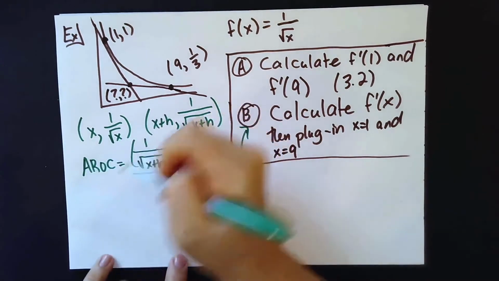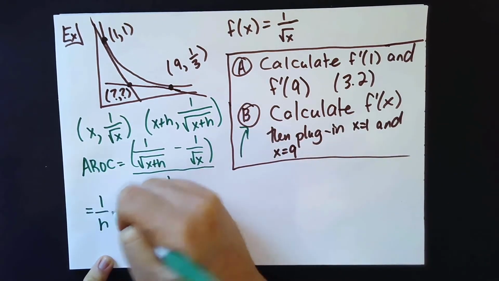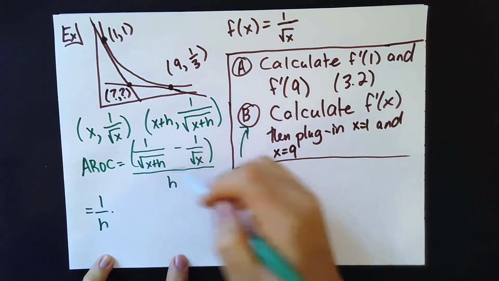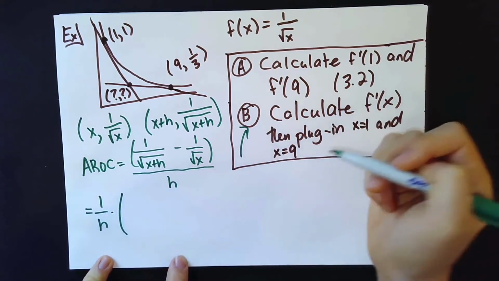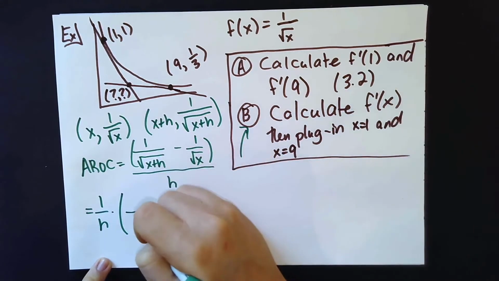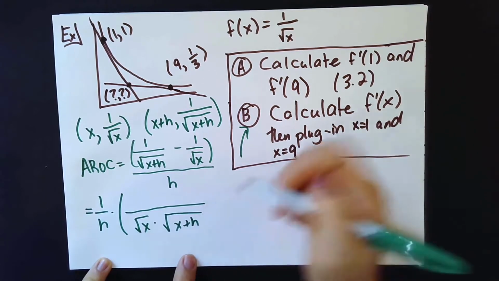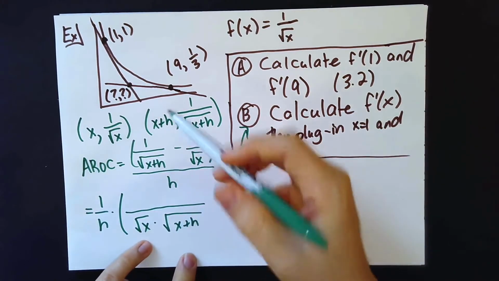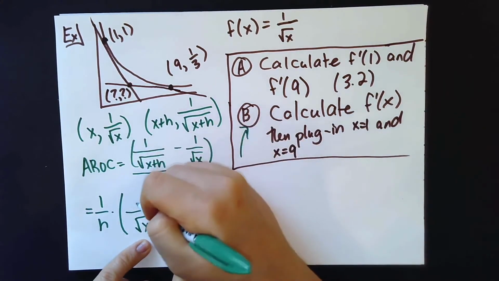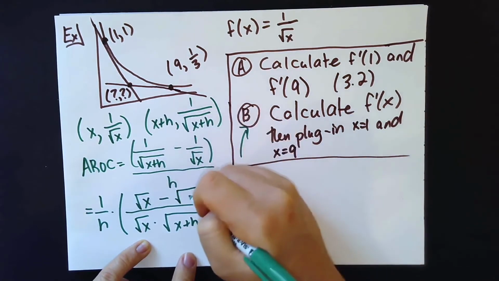So as I go along, I'm going to rewrite that as 1 over h times, and I need to put these things over a common denominator. So that common denominator is going to unfortunately be the square root of x times the square root of x plus h, which is not the loveliest thing I've ever seen, but we'll make do. And so then this will be square root of x minus the square root of x plus h.